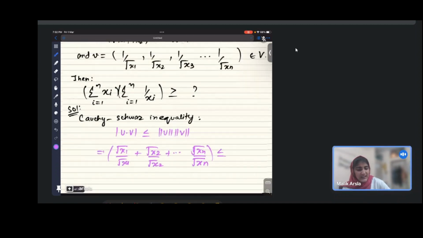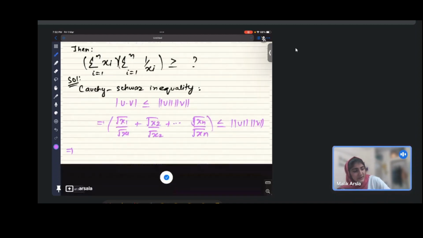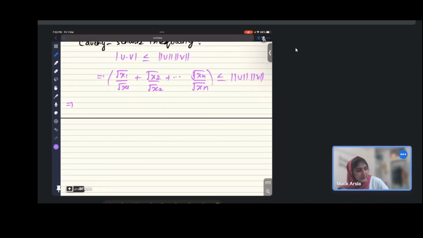On the left hand side, let's keep it the same for now. Now here again, this thing is going to be 1 plus 1 plus 1, n times. And it is going to be less or equal to this quantity, that is norm of u into norm of v.